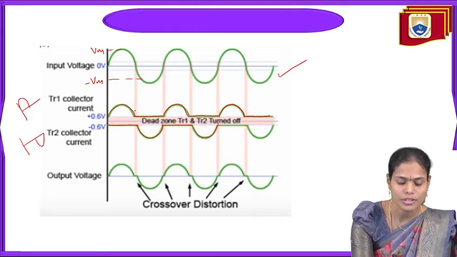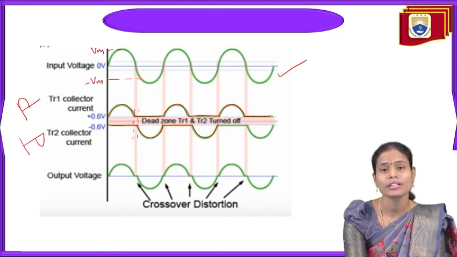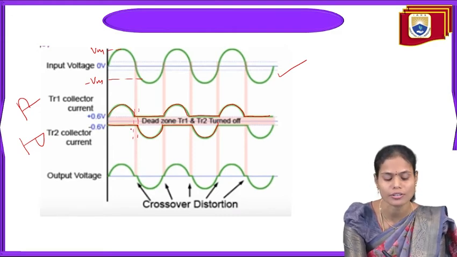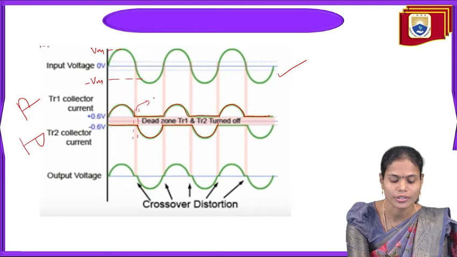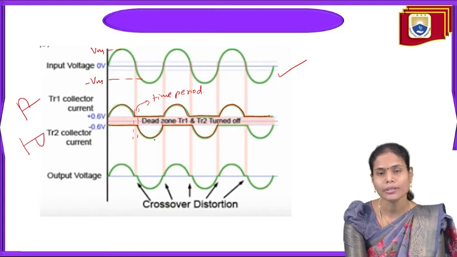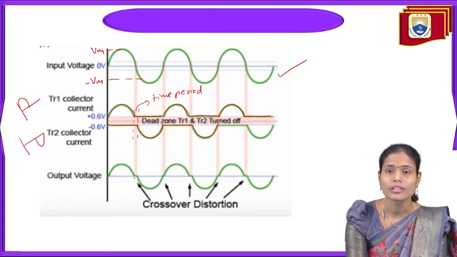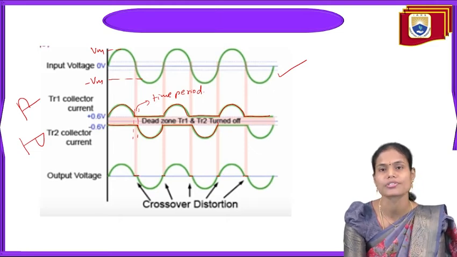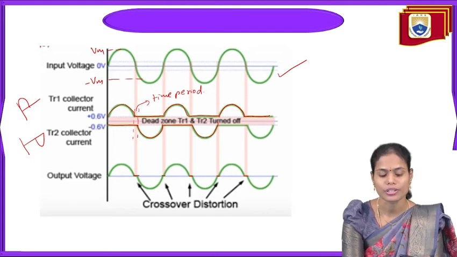But if you observe here, whenever the transistor is changing from one state to another, at that instant we are not getting the collector current. There is some gap here, that is the time period or transition period. Because of the transition period, in the output voltage also we get gaps. In these gaps there is no voltage; the voltage is 0 here.